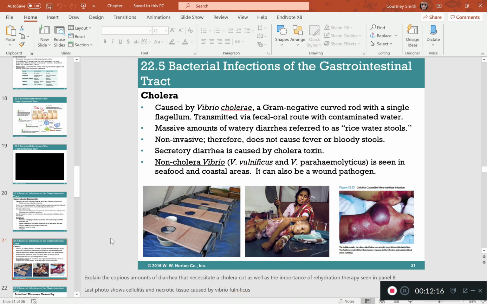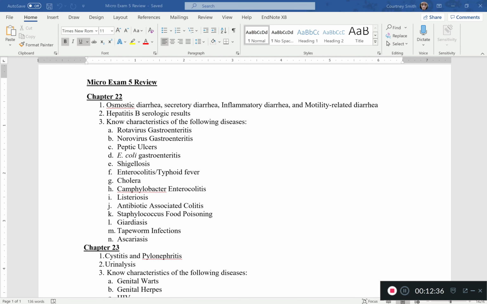But primarily focus on the standard cholera, which is the watery diarrhea, or the secretory diarrhea, and what's the difference between the two. With the secretory diarrhea, if that's the hallmark being presented, then that's because a toxin is being produced. Okay, so that's pretty much cholera. Now let's talk about Campylobacter enterocolitis.